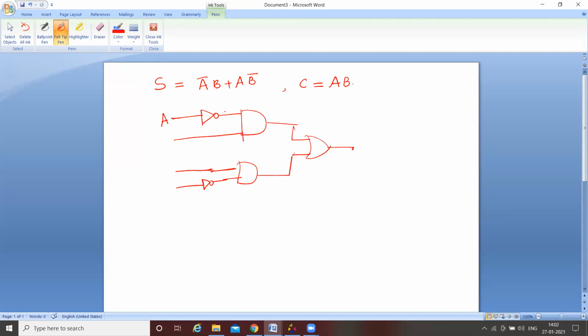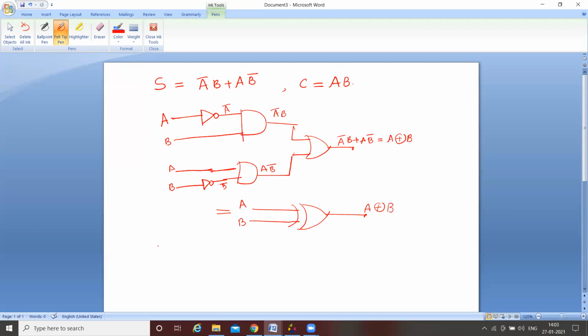Here sum is A bar B plus A B bar, which is the same as A exclusive OR B, and this entire circuit can be replaced by an exclusive OR gate. This is A, B, and this is A exclusive OR B.